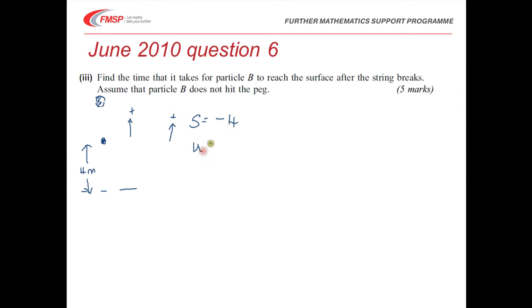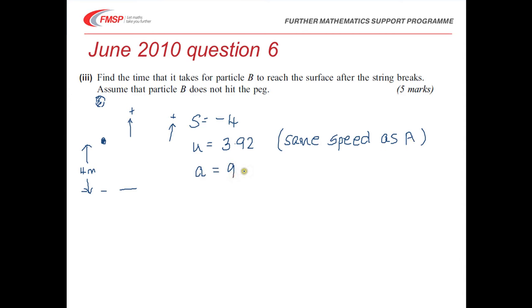U, it's travelling up. Now be aware that it will be travelling at the same speed as A. If you remember, when the string broke, we found that the speed of A was 3.92. And it's important to realise that the speed of B will be the same. But it is now travelling upwards.